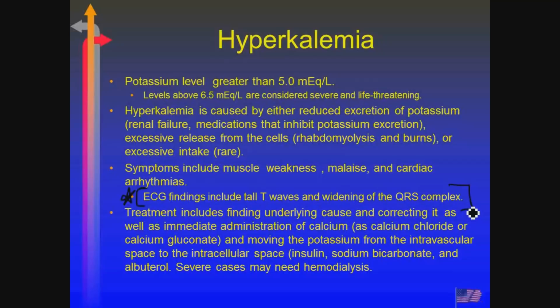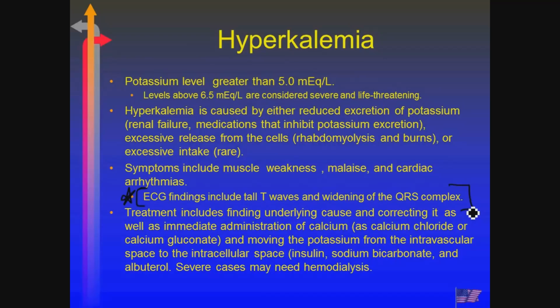We treat hyperkalemia by trying to push the potassium back into the cell. We can do that by giving calcium, typically calcium gluconate. We can do it by giving insulin and D50. We can do it by trying to treat with sodium bicarbonate. And we can do it by our wonderful albuterol.